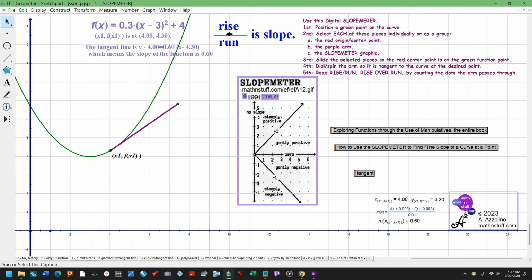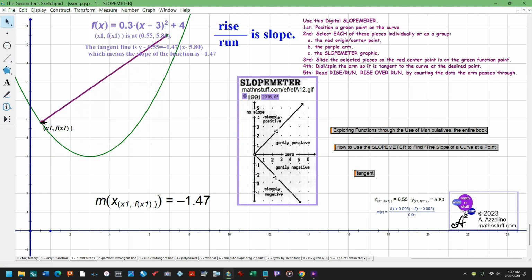So slope is rise over run. And here we have the slope. Make it visible. Let's change the point. Let's move the arm.